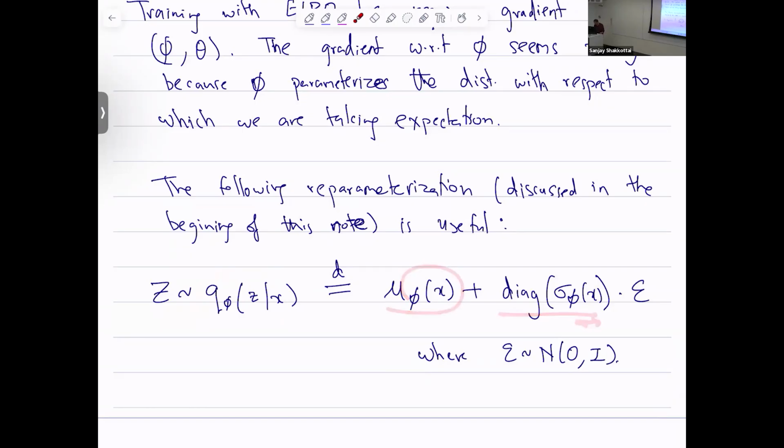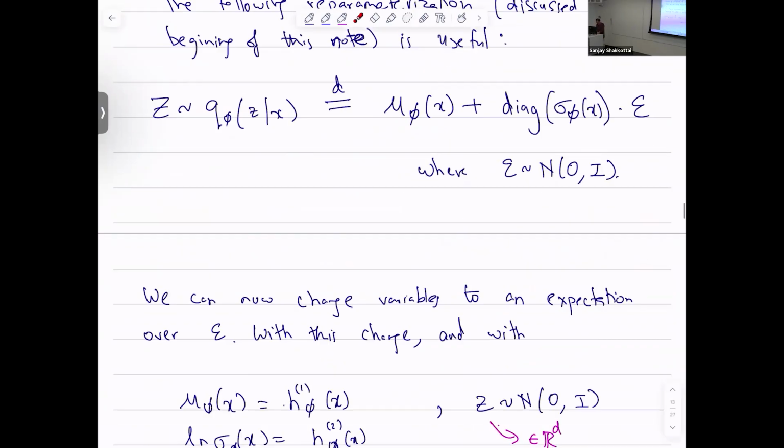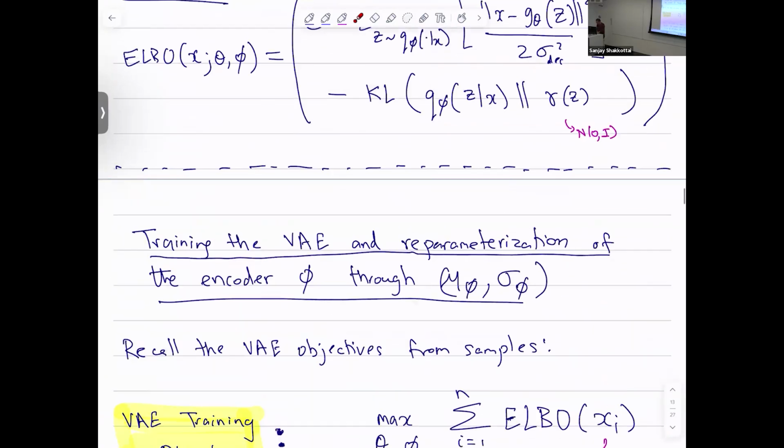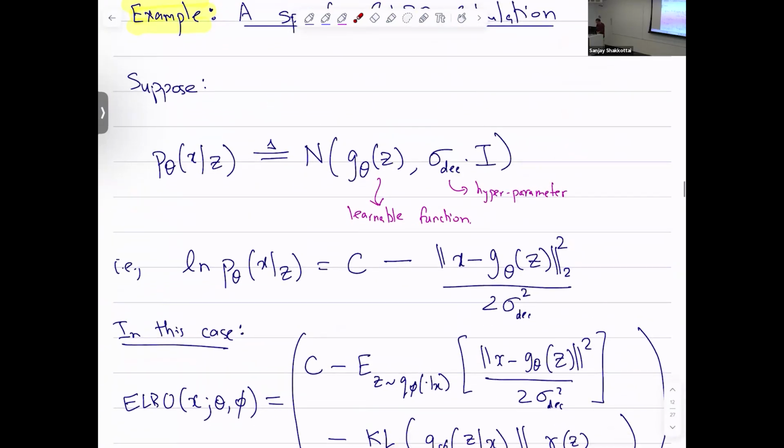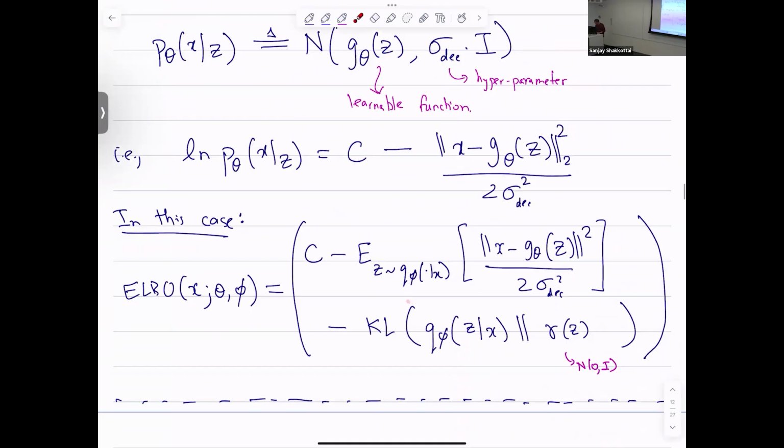It's just the variance per component or standard deviation here, times standard Gaussian. So you can rewrite this way, which means that you can take this particular loss function and replace this by an expected value over epsilon.